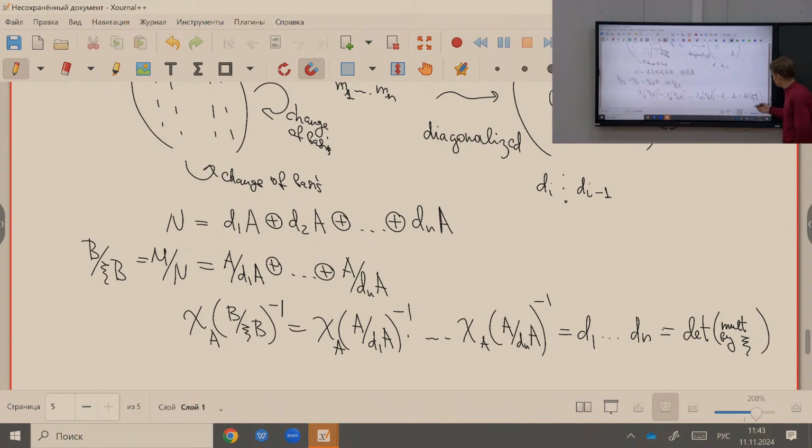Because this is the determinant of the matrix that we are considering. Yeah, so that's why.